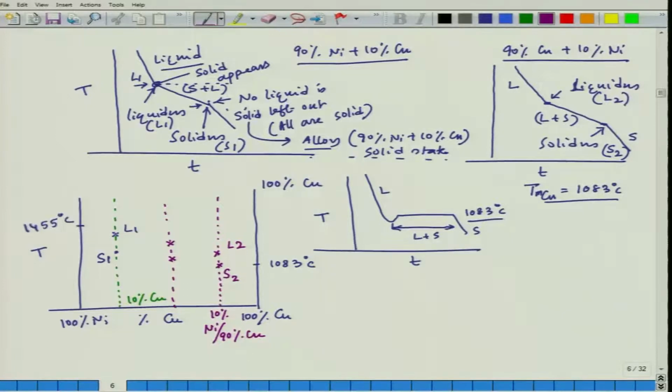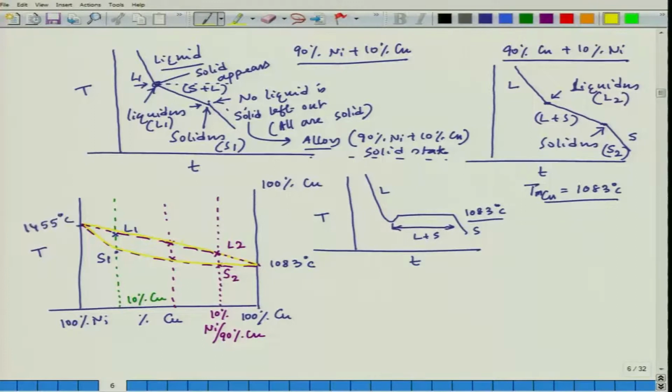Now, I connect those, and gradually if we take it down to the pure condition and join the liquidus as well as solidus points, I get a plot like this, where the final plot becomes this.